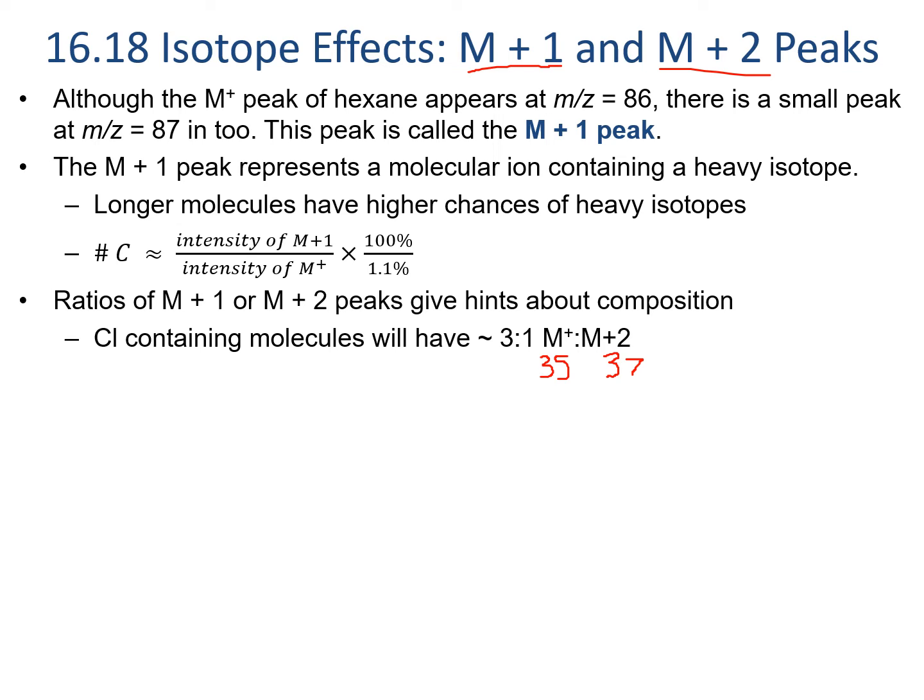Those isotopes are both fairly common, and so we can use that to tell us a lot about the molecule, and even fragments that have chlorine on them as well. Bromine also has a similar known ratio, tending to be a 1-to-1 ratio. We have bromine 79 as our mass peak, and bromine 81 as our mass plus 2 peak. And so if we see a mass peak and a mass plus 2 peak that are very similar, we have a good indication that there's bromine in the molecule.